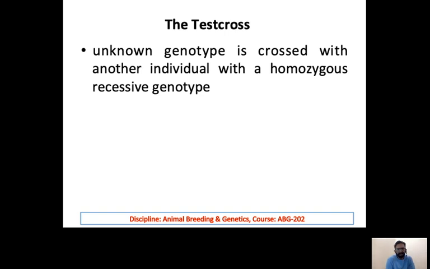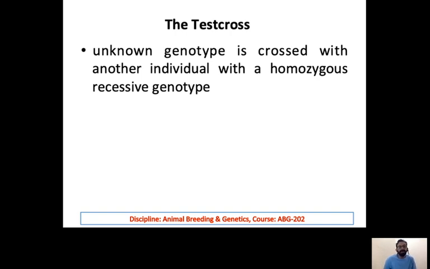The test cross is also important because sometimes we are dealing with certain lethal or sublethal genes, which, if they are in the heterozygous form, make the individual in fact a carrier.